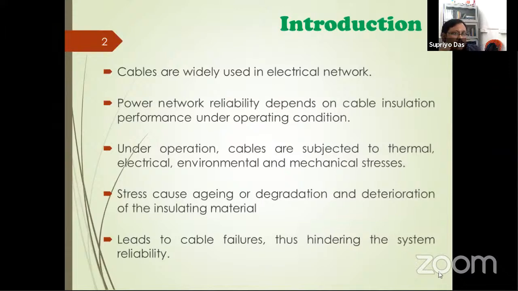So just to introduce, cables are widely used in electrical system. Earlier there were paper insulated cables, but nowadays XLP cables are widely used. Now power network reliability depends on these cable performances. That means when the cables are under operation, they are subjected to various types of stress like thermal, electrical, environmental, mechanical, and this stress causes aging, or you can say deterioration or degradation of the insulating materials.